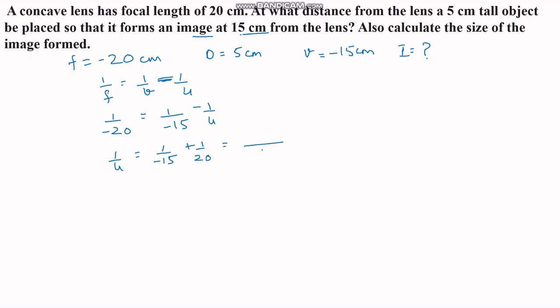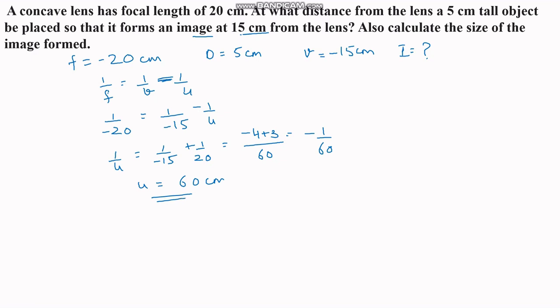This gives me 60 as the LCM, minus 4 plus 3 equal to minus 1 upon 60. So you are getting u equal to 60 centimeters. That means the object should be placed at 60 centimeters.